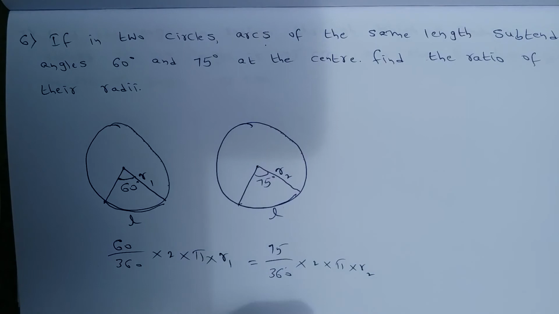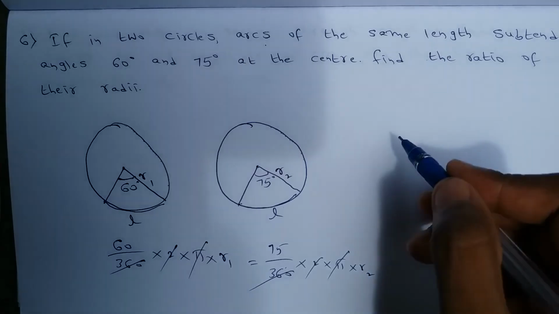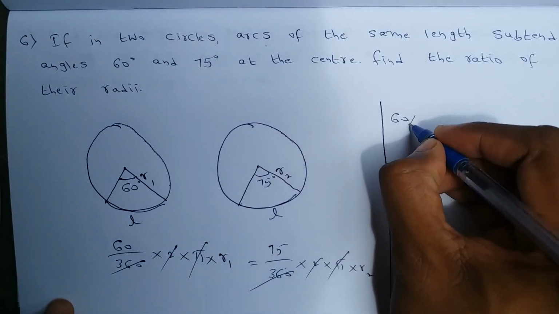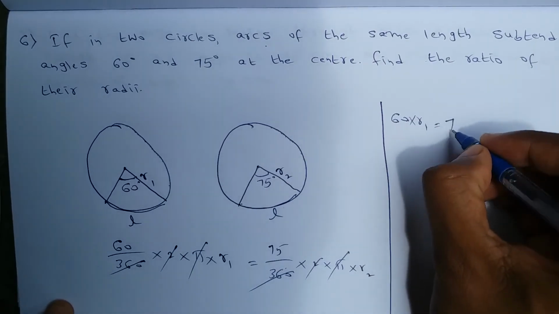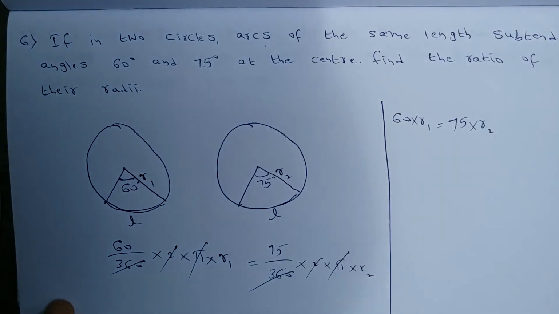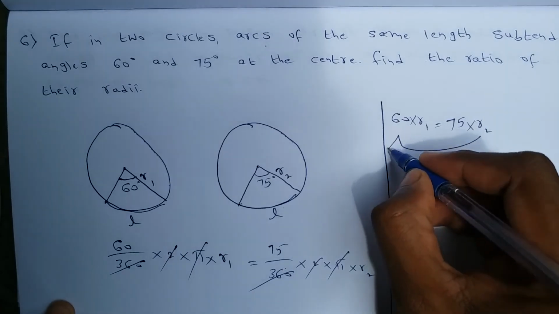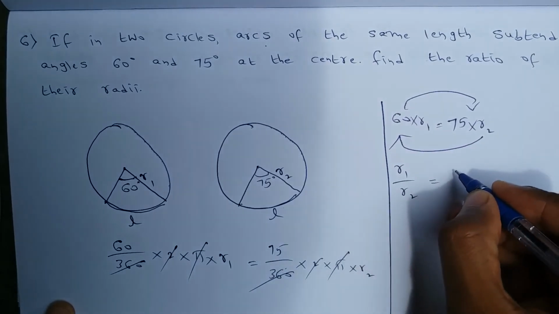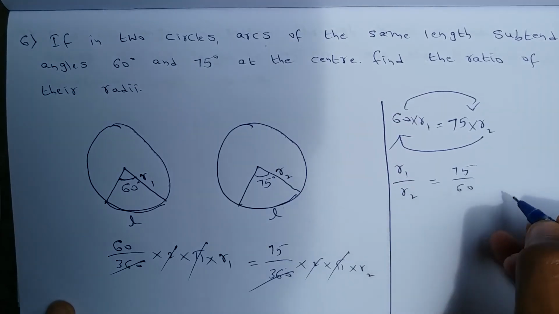Now on both sides 2 cancels, pi cancels, 360 cancels. So we remain with 60 into R1 is equal to 75 into R2. I am bringing this R2 to this side and 60 to this side. So we get R1 by R2 is equal to 75 by 60.